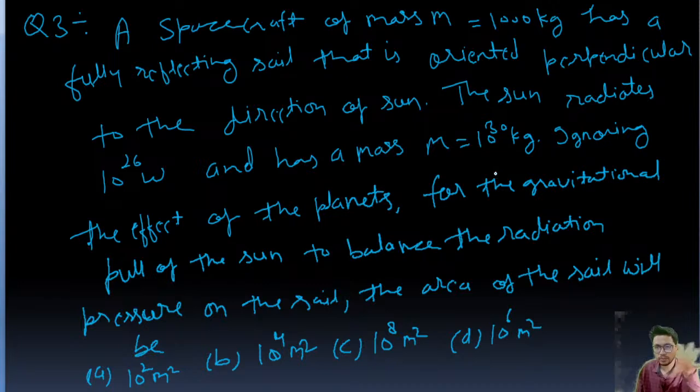The gravitational force by the sun should balance the force of radiation pressure. That's what we need to find, and these are the options. Very good question. I'm going to solve it for you.